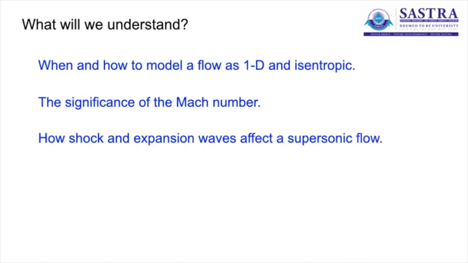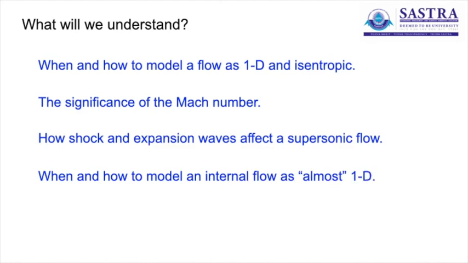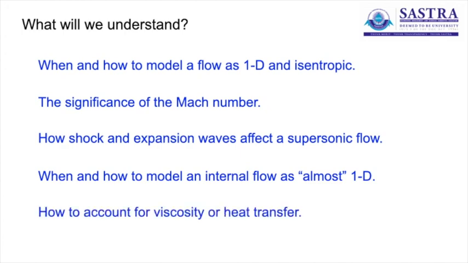When the internal flow, that is in fact three-dimensional, may be treated as almost one-dimensional and how we may do so. And finally, how we may account for the effect of viscosity or heat transfer in a pipe flow.